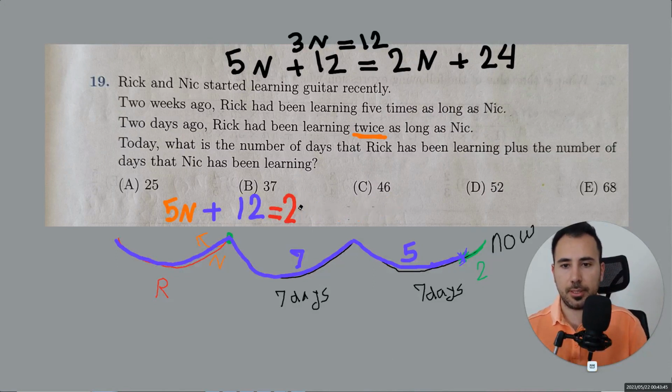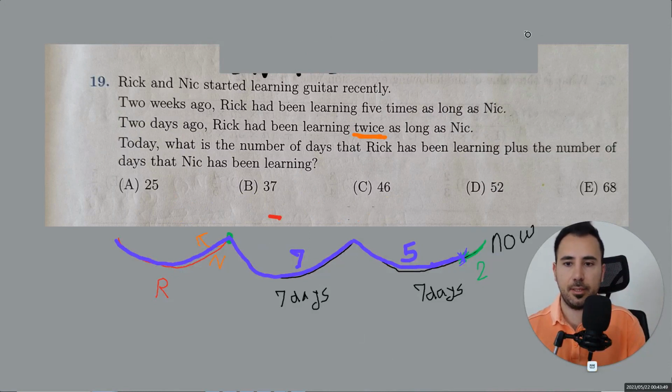So let's see here. Now let's go back to our graph. So n over here was only 4 days. So r was 5 of this. So that's going to be 20 days. 4 times 5, 20 days. So today, what is the number of days that Rick has been learning plus the number? So all of the graph.